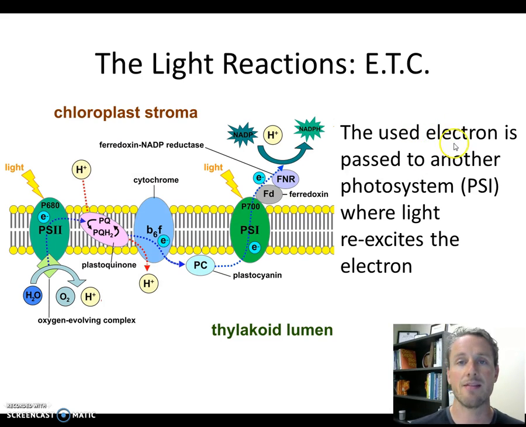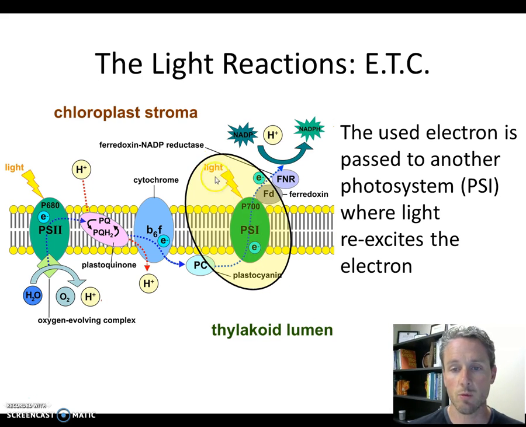The next step is that that used up electron is then passed to another photosystem, photosystem 1. Light can hit photosystem 1 and re-excite that electron, give it more energy, make it move faster again. Okay. So in photosystem 1 right here, we re-excite our electron using more light energy to make our electron higher energy again.